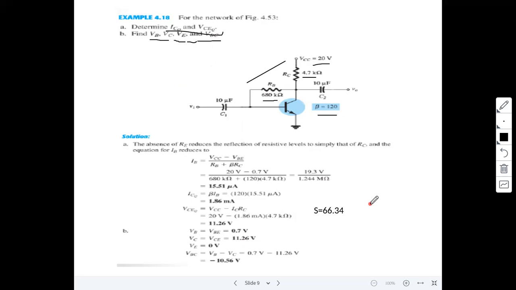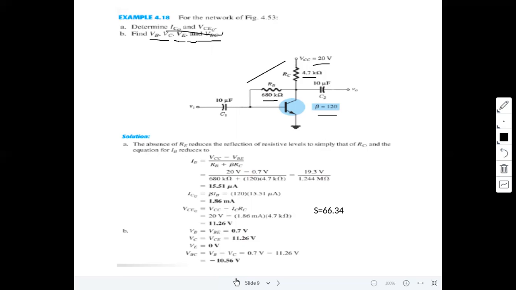Right? For this one we already derived the expression. Base current IB is equal to VCC minus VBE by RB plus (1 plus beta) times RC, and beta is very much greater than 1, so beta RC.